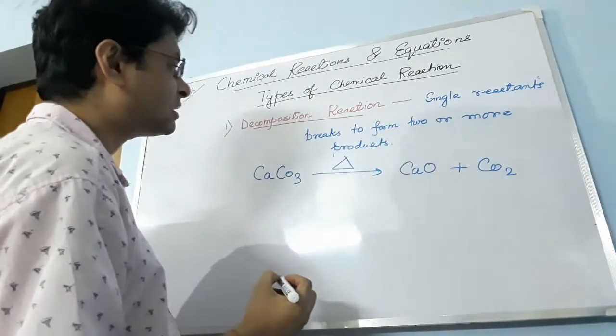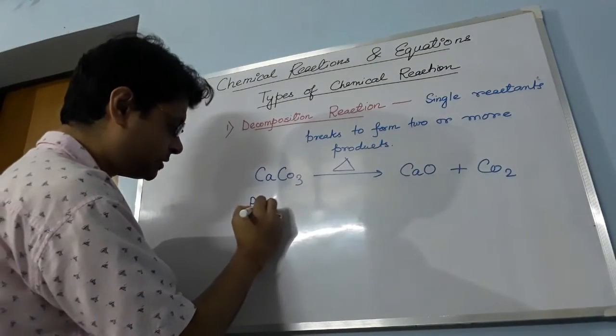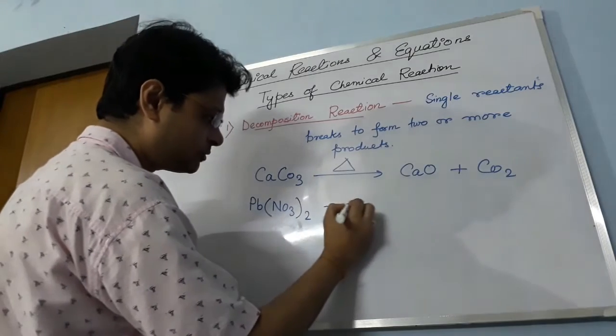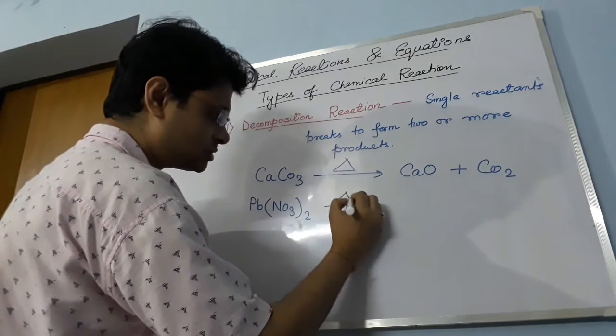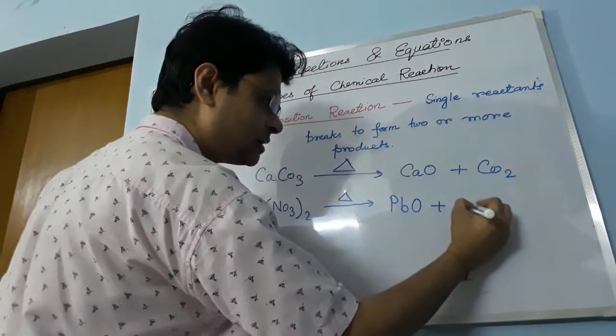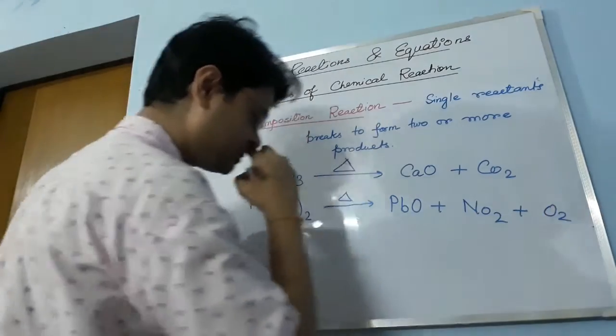Okay. Another example of decomposition reaction, lead nitrate, Pb(NO3)2. It is also heated, to form lead oxide, nitrogen dioxide and oxygen gas.